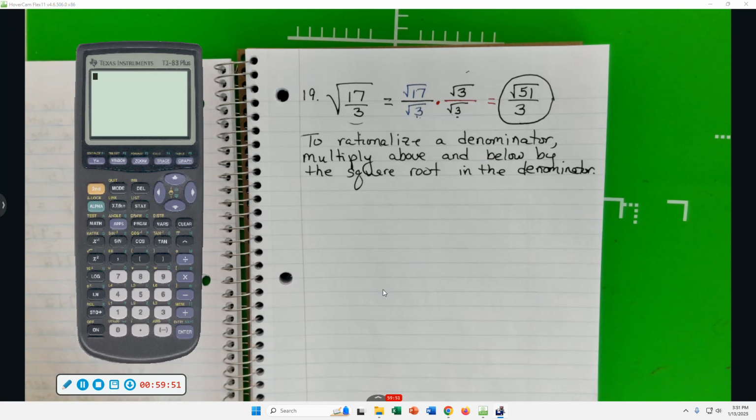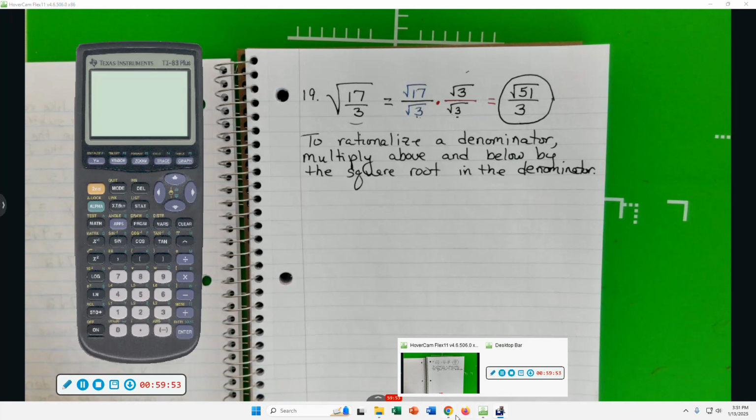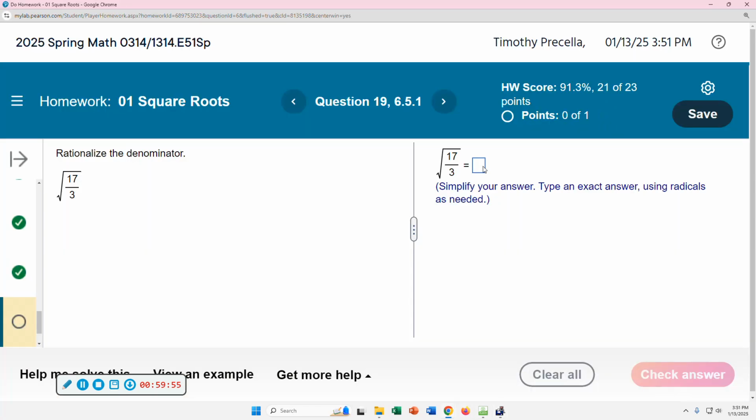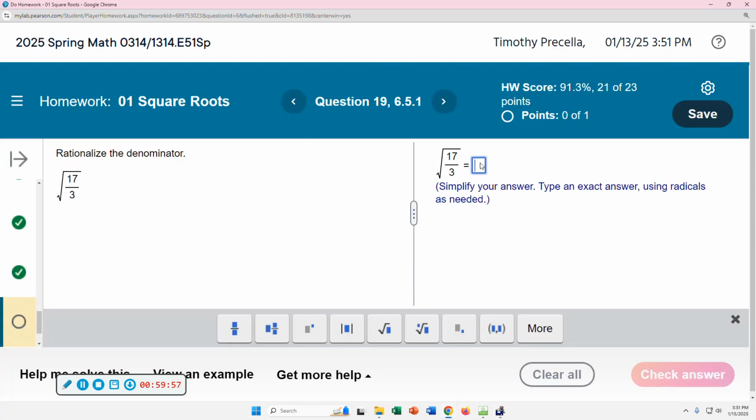Now let's do number 20. It's the last one, so it's going to have to be the hardest. Well, we better type this one. Look closely at how you type in square root of 51 over 3. This first hot button, it looks like a blue box over a blue box. If you hover, it says fraction. I know it's hard to read that tiny print.